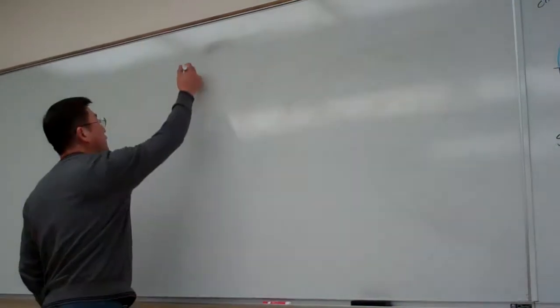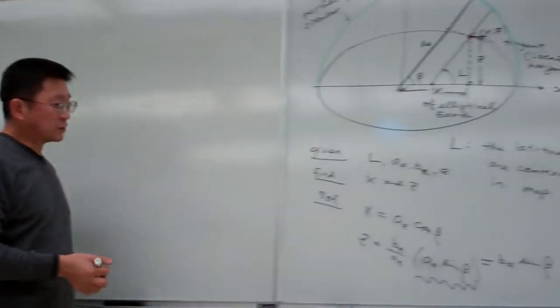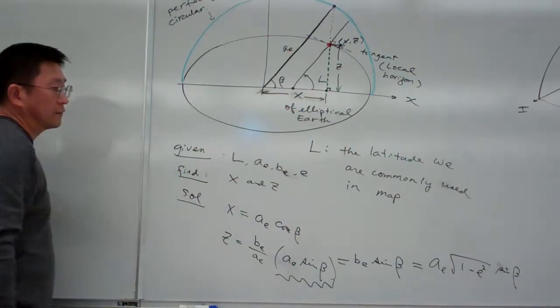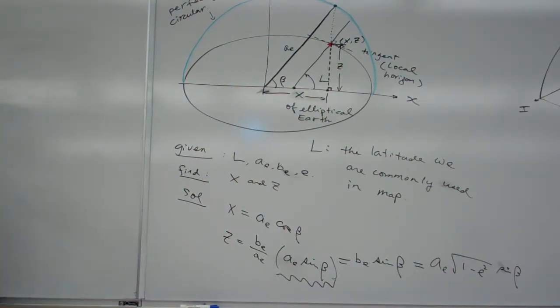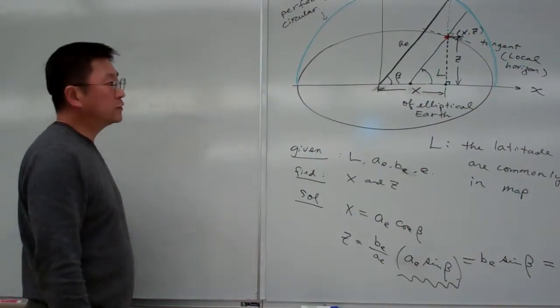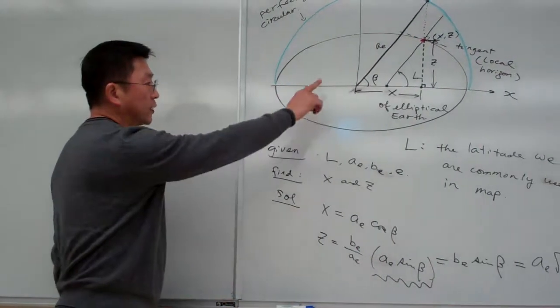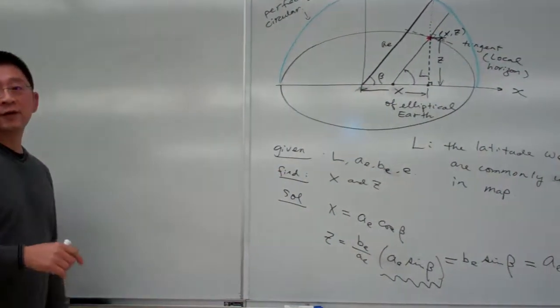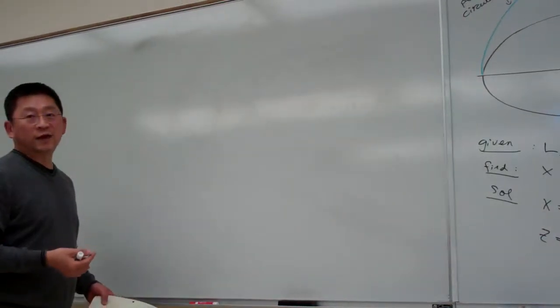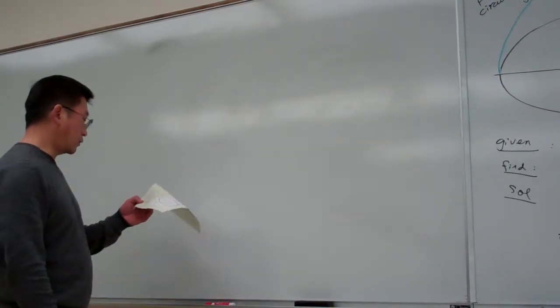Usually we can convert, because right now beta is not known yet, but there are two useful pieces of information connecting beta to the given value. Let me directly give you the result, and these results are from our textbook.